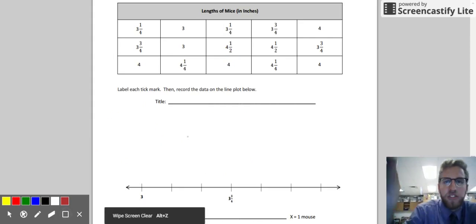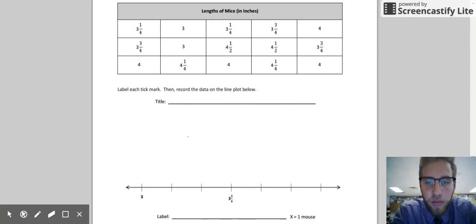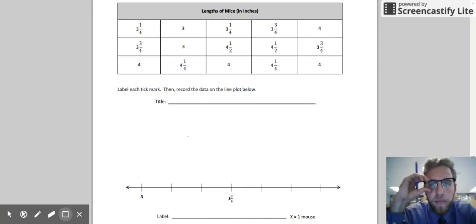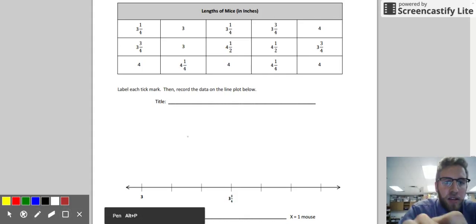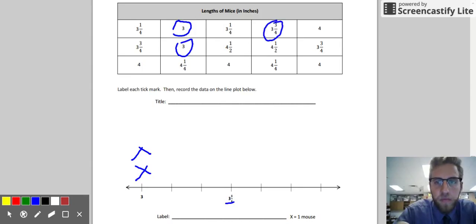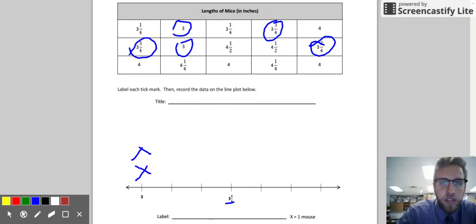So now that we've got our whole number line filled in, we are good to take our data and start plotting it. So again, we said these 3's, we put one mouse is 3 inches long, another mouse is 3 inches. For the 3 and 3/4, sorry, there were 3 of those.